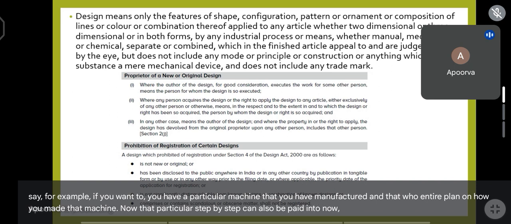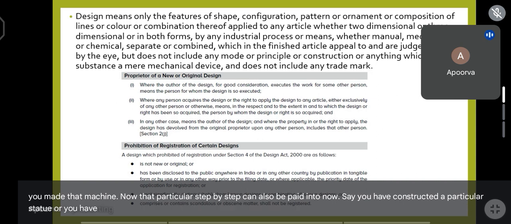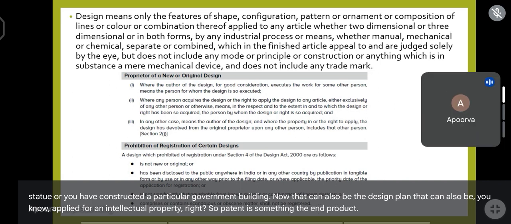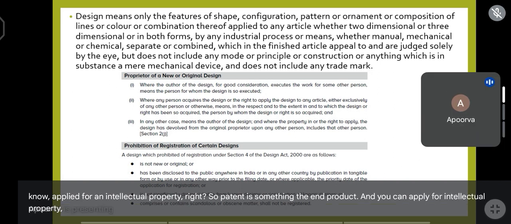Say you have constructed a particular statue, or a particular government building. That design, the plan, can also be applied for an intellectual property right. So a patent is for the end product, while a design is the way it is constructed. So that's called a design.